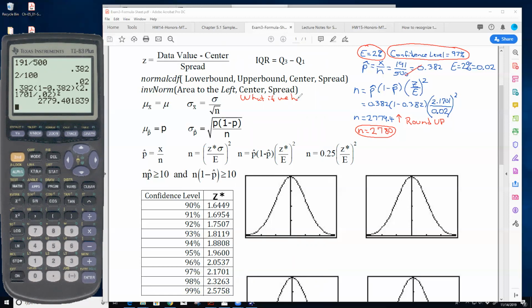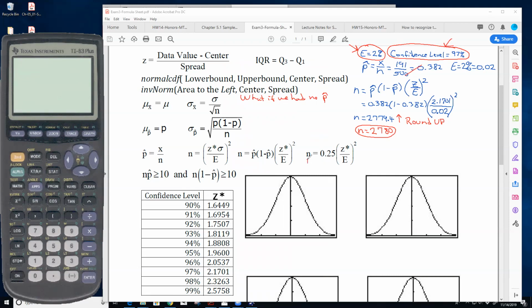In other words, this prior sample had never been taken, and I know nothing about this population of categorical data. All I know is I want a margin of error E this small and a confidence level that high, and I don't know anything else.